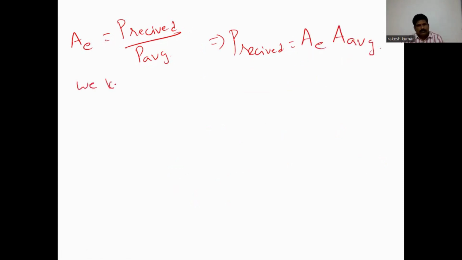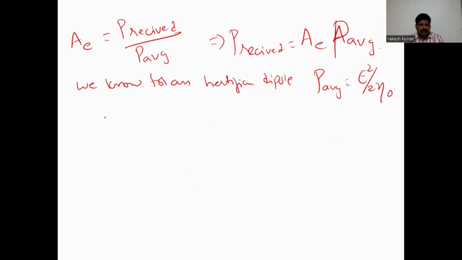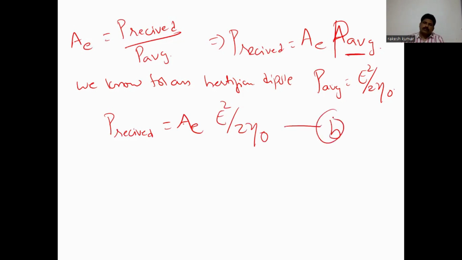We know that for a half-wave dipole, the average power density is equal to E square by 2 eta. So substituting, P received is equal to A_e times E square by 2 eta.